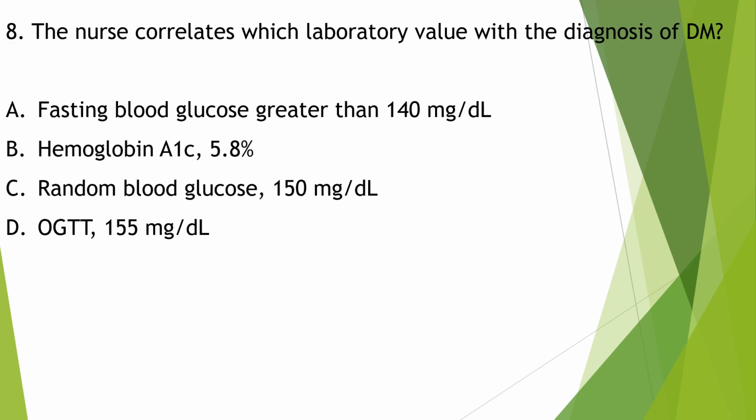For this question, you need to know about the laboratory values of diabetes mellitus. Here, fasting blood glucose greater than 140 mg per dL shows the patient has diabetes mellitus. Then on the next slide, let's see what the laboratory values and the interpretations are.